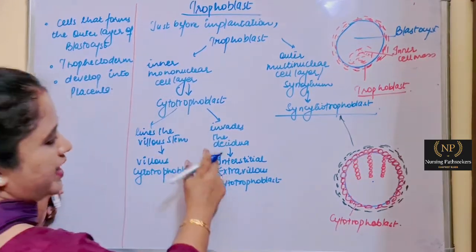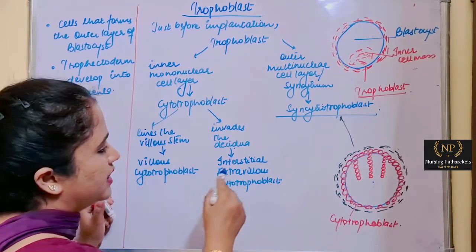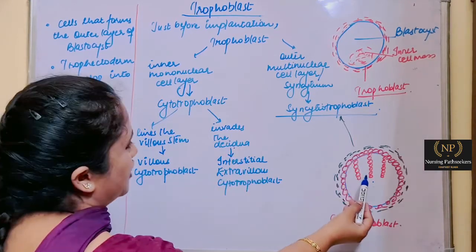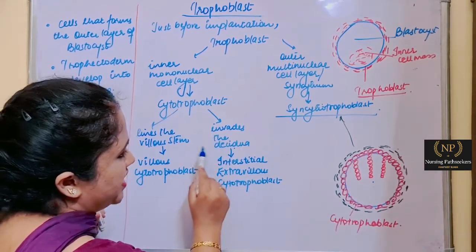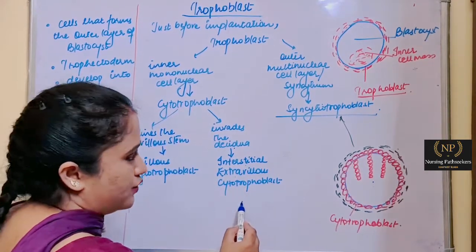When it invades decidua, the word interstitial, which we have studied just now, relates to deep implantation. So when the layer of cytotrophoblast invades decidua, it is named interstitial extravillus cytotrophoblast.